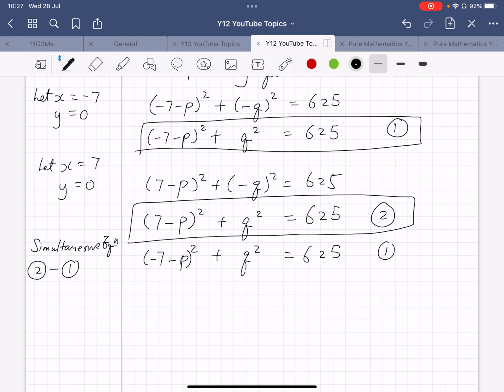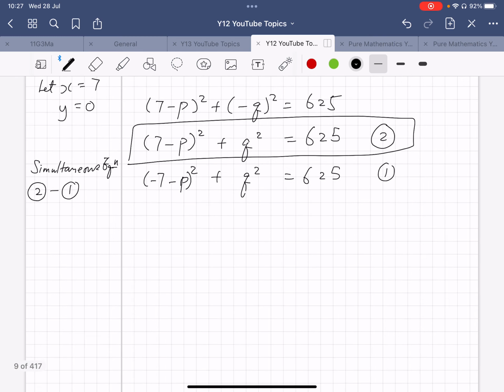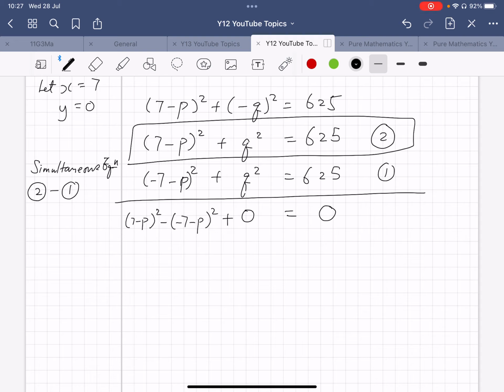Not strictly necessary, but I just like it set out properly. Now, if you do 2 take away 1, you will have a 0 here and a 0 here. And all you have left on this side is that equals 0. You can see where I'm heading with this. I can find the value of p relatively easily.